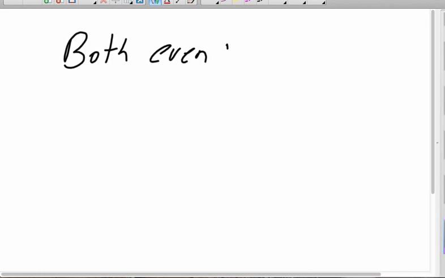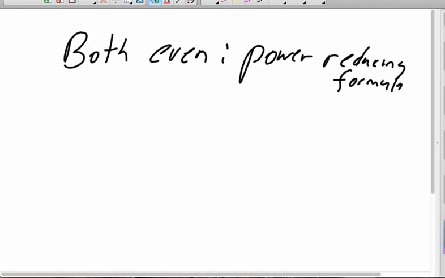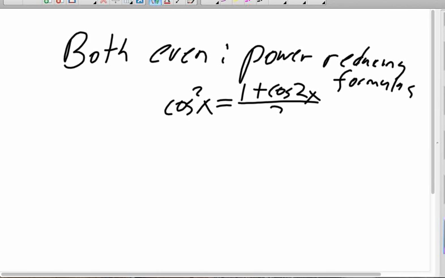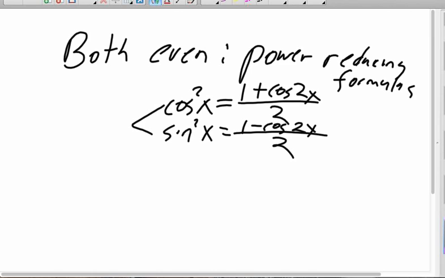And there you have to do repeated uses of the power reducing formulas, which are cosine squared of x is 1 plus cosine of 2x over 2, and sine squared of x is 1 minus cosine of 2x over 2. And you may have to do repeated applications of these to bring these down. But there's what we're dealing with.